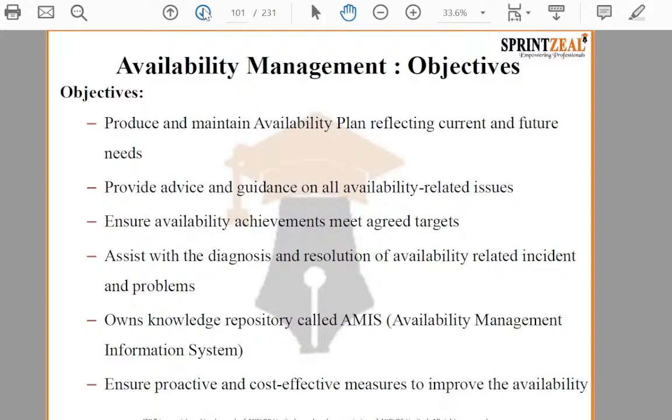And so that process owner would assist with the diagnosis and resolution of availability related incidents and problems. Does that make sense? Yep.